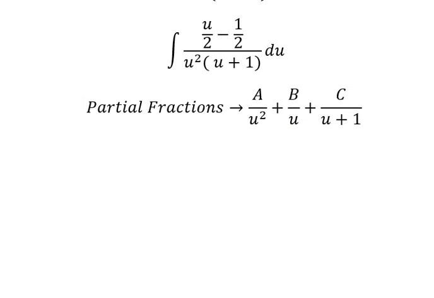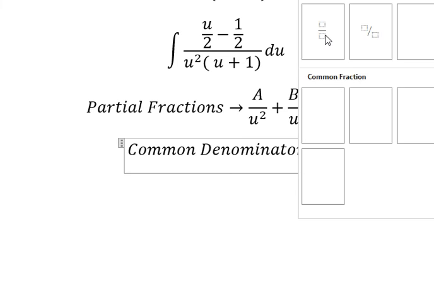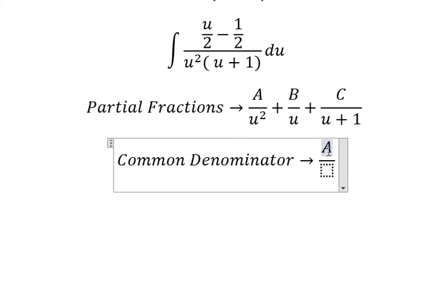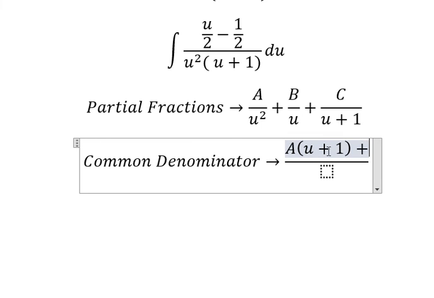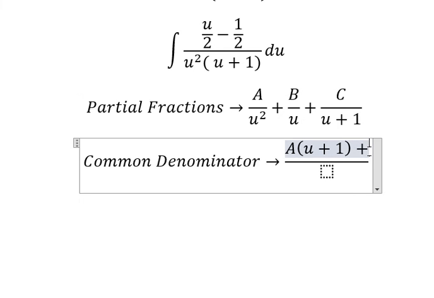Now we do common denominator. About this one, it is missing u plus 1. So capital A multiplied by u plus 1. About this one, it is missing u and u plus 1.